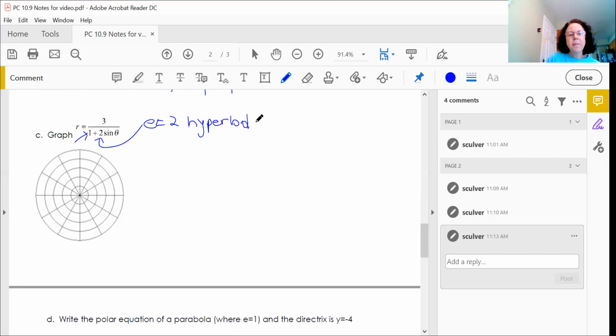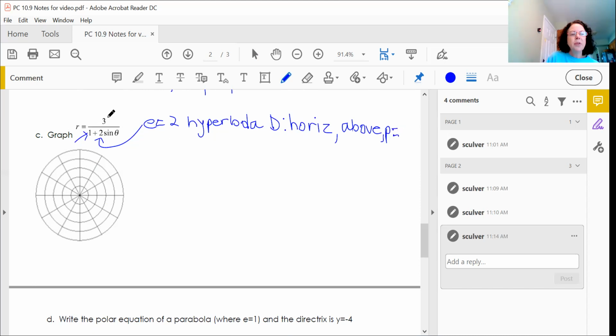Excellent. Let's get our directrix. Notice because we have sine that the directrix is horizontal. Notice because we have a plus sign in the denominator, it will be above the pole. And now we just need to know by how much. What is P?